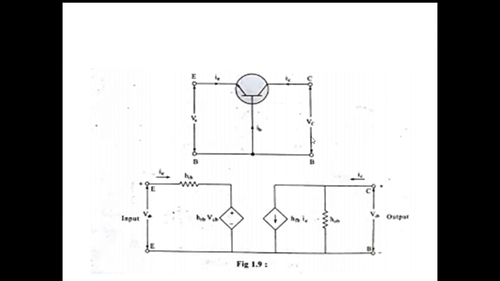Whereas at the output side, forward current gain and output admittance. So the two hybrid parameters are defined at the input of the transistor, whereas at the output of the transistor, two more hybrid parameters are defined.